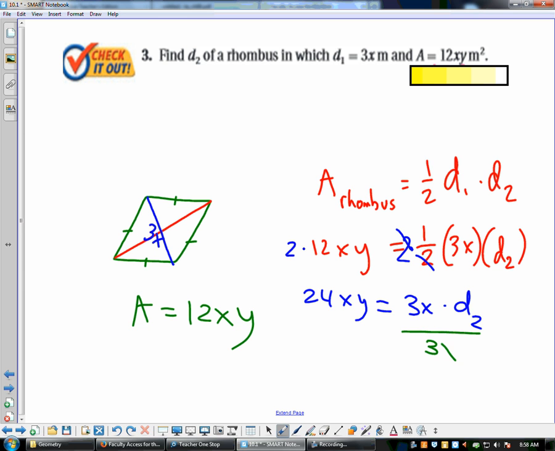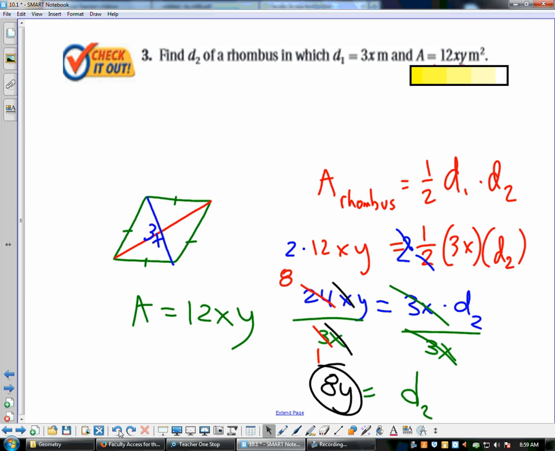Divide by 3x on both sides. Now the 3x's divide out, and we're left with D2 equaling, does 3 go into 3 once and 24 8 times? Does the x here divide out with the x here? So we're left with 8y as our other diagonal. And what units are we talking about? Meters.